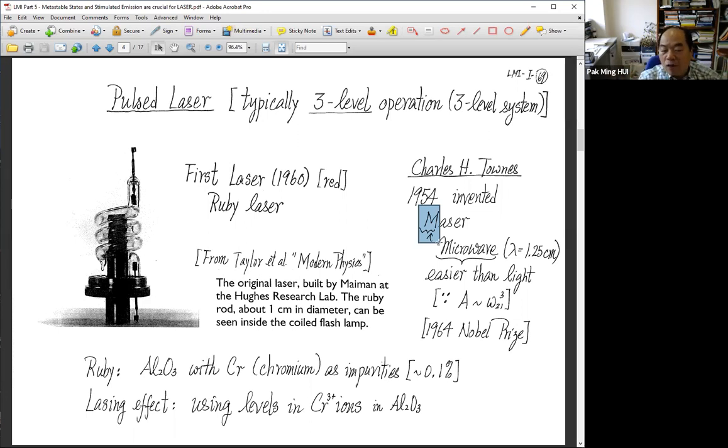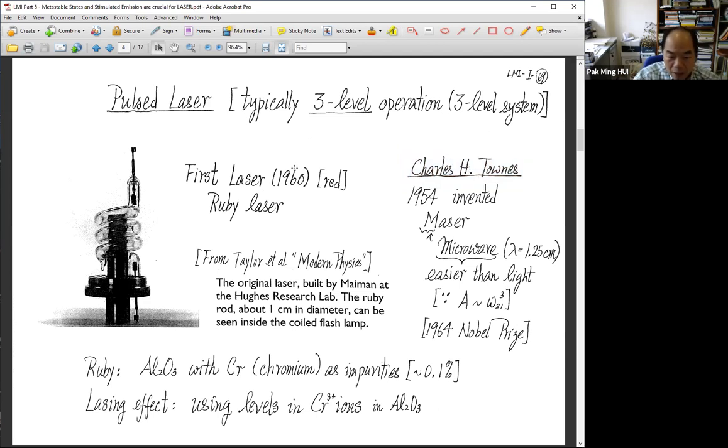However, for the optical range or even infrared, that omega will be too high, okay? Therefore, you need some clever invention in order to achieve population inversion. That has to do with the spontaneous emission rate. And Charles Townes received the Nobel Prize for this work. He also had the idea of how to make it into the visible range.